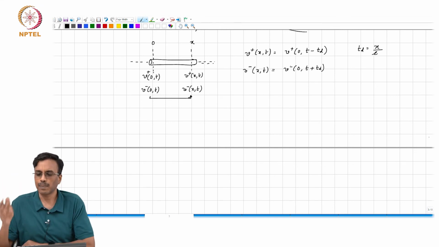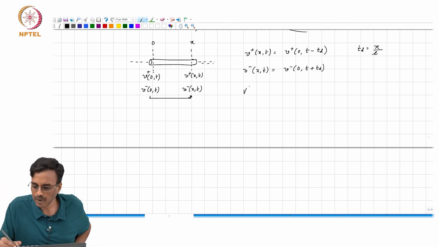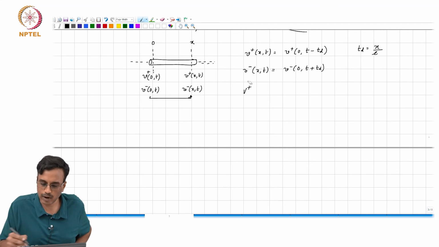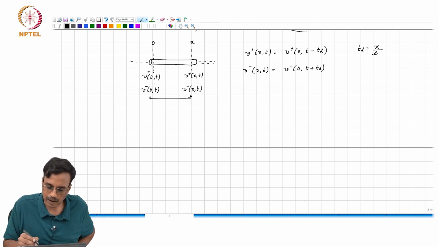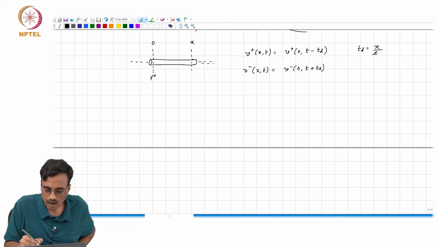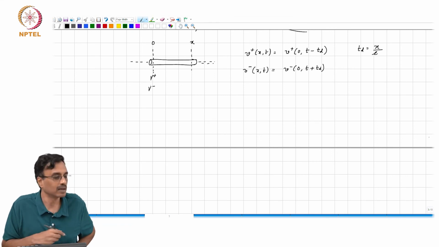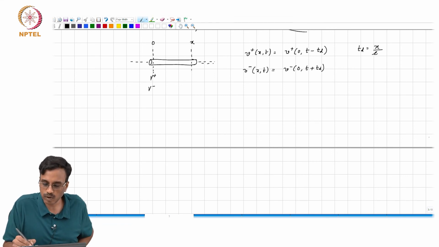In the Laplace domain, if we call this V plus, and we call the voltage here V minus, what would be the Laplace transform of the forward going wave at x?